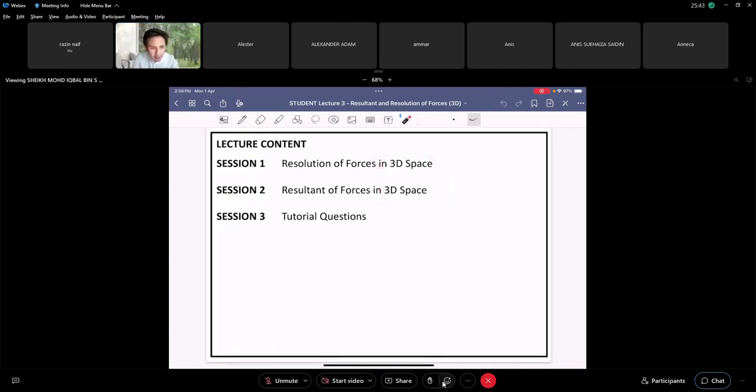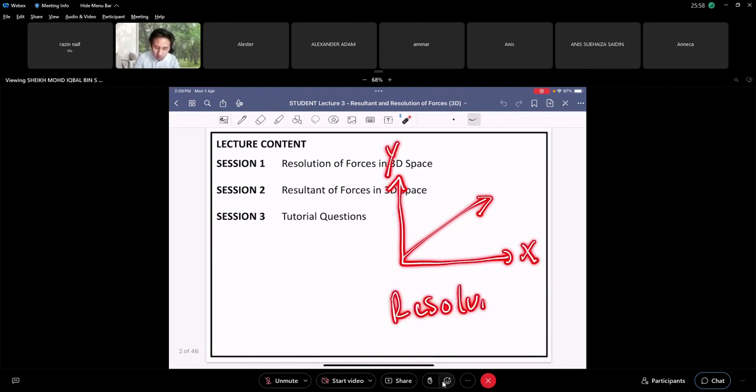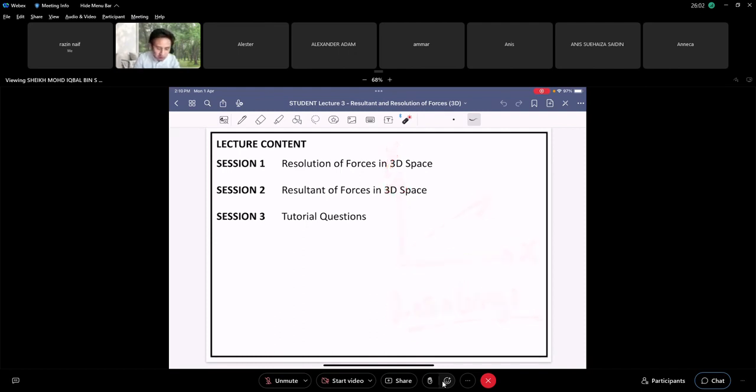Just to recap, resolution is when you have one force and you break it down into 2 forces, one in the y-axis and one in the x-axis. This is called resolving of forces. The resultant of forces is when you have 2 forces and you want one resultant force.